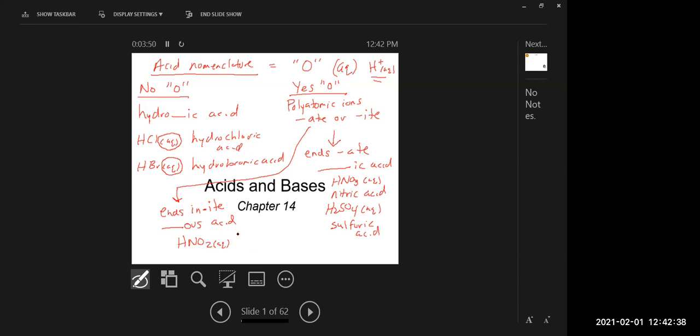NO2 is NO2 minus, which is nitrite. This becomes nitrous acid. So that's your quick two-second how to name these things.